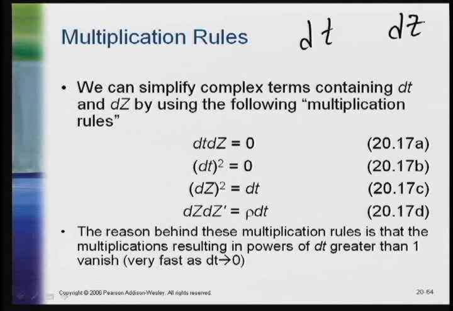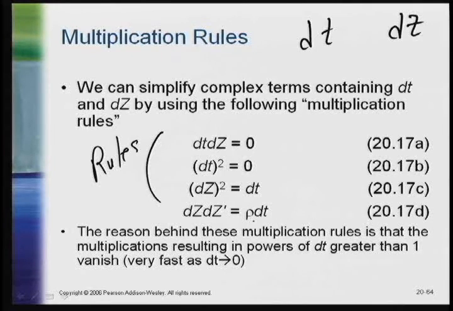Think of these as rules, whereby if we multiply a dt and a dz, we can call it 0. Same with dt squared. However, a dz squared is a dt, and if we have correlated dz's, when we multiply them, we get a rho dt.